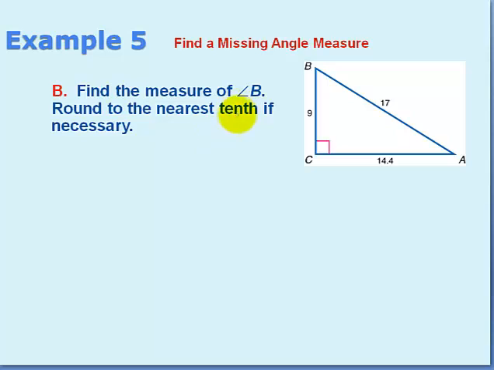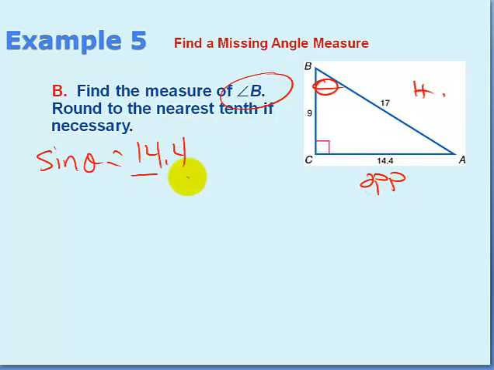Next one, find the angle measure B. So there's B. Now, what you'll notice is if I use sine, I could do sine theta is equal to opposite over hypotenuse, so 14.4 over 17.